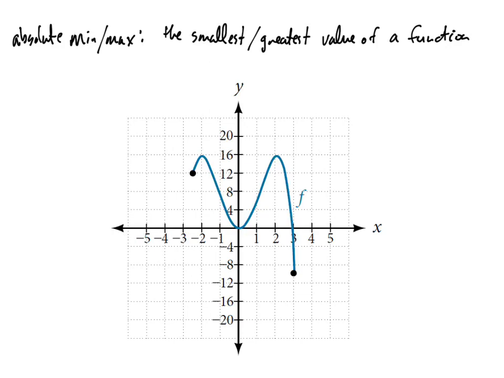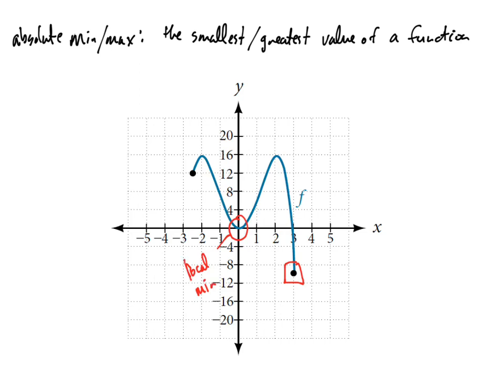Finally, let's talk about what the absolute min and absolute max of a function are. These are just the actual smallest and greatest values of a function. Again, if you're on a hike, what is your highest elevation, and what is your lowest elevation? The absolute minimum value is going to be at this point down here. That's the lowest point of the function. This value right here is going to be a local min.